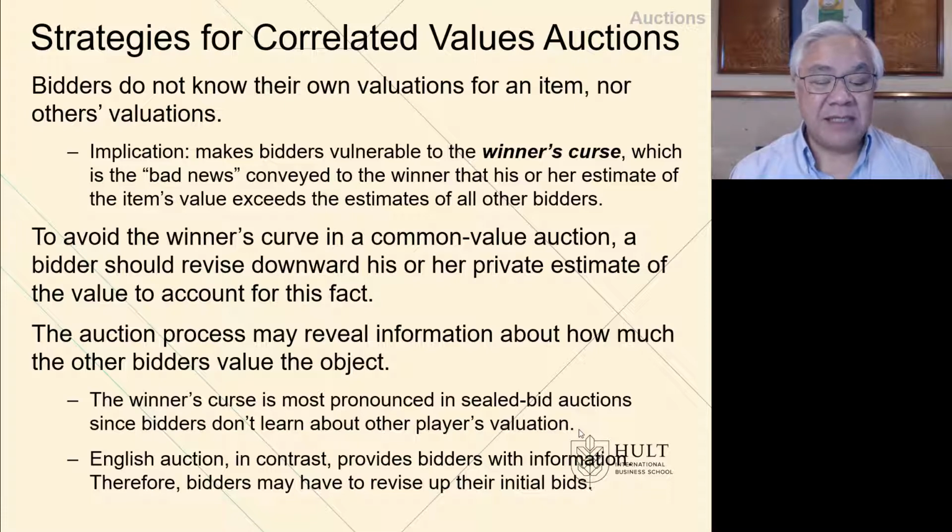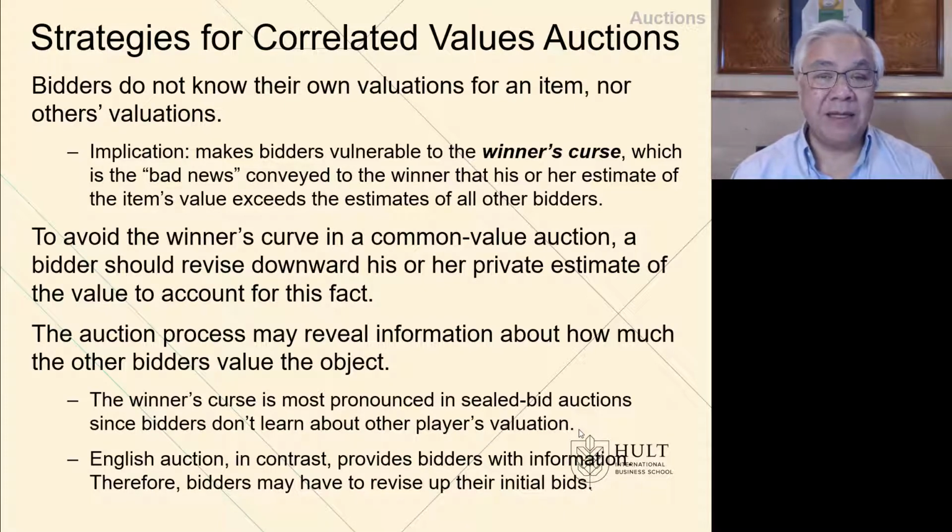We may also see in the process that you determine some information that may help you. Where we are most vulnerable is in sealed bid. We have an envelope, we have to put in a piece of paper with our number. We have no information about the others' valuations, which is quite different in an open outcry auction. If it's an English auction, you could watch and see who's bidding and when people drop out.